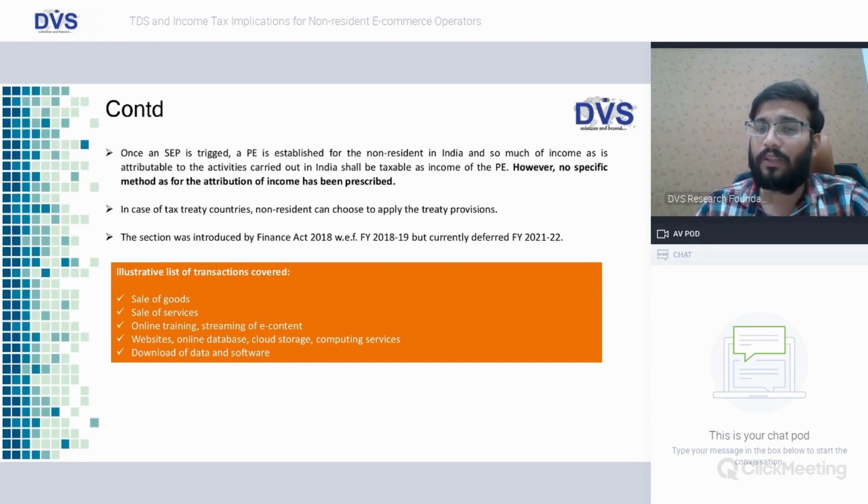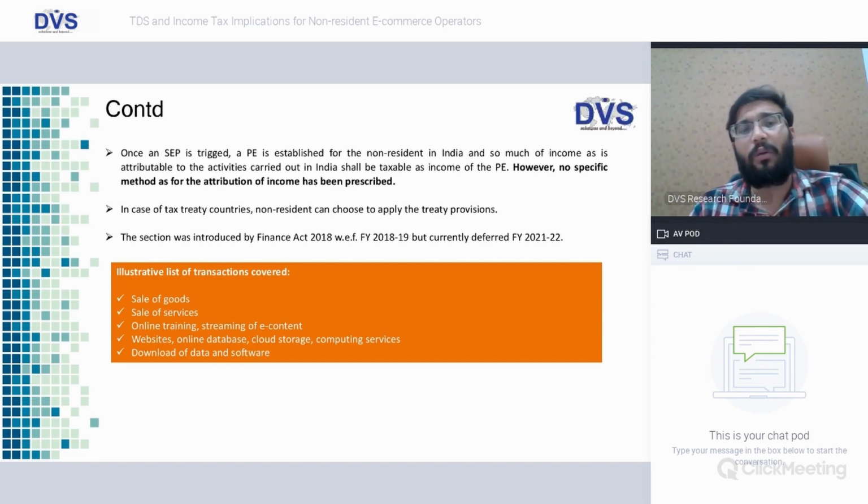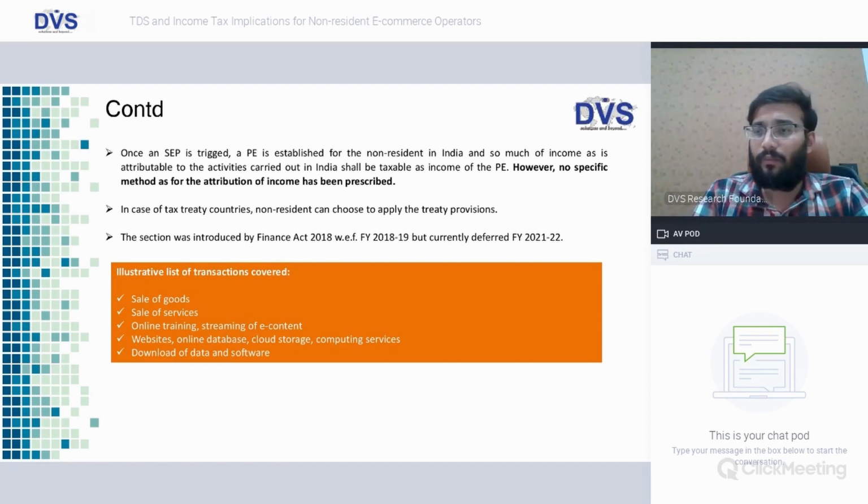of income as is attributable to the activities carried out in India shall be taxable as income of the PE. However, no specific method for the attribution of income has been prescribed.